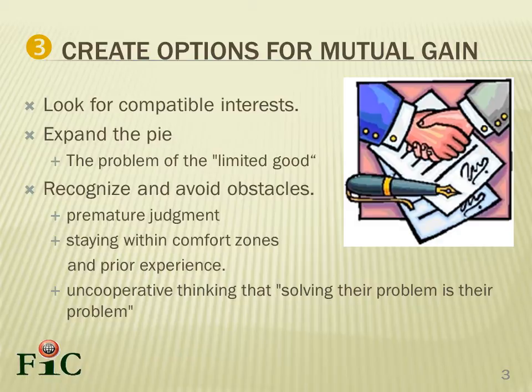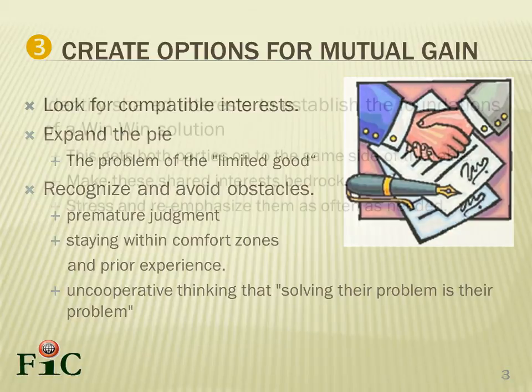That throws you back into positional bargaining and into looking at the amount of good to be had as limited. So to follow Adam Smith's principles, each person should be looking out for their own interests, but also for a resolution that is for the common good, that meets the interests of the others as well.